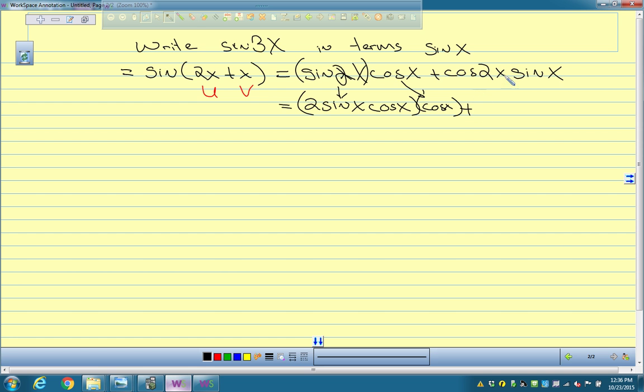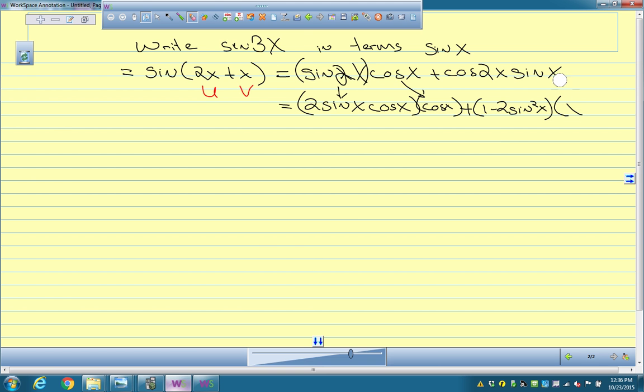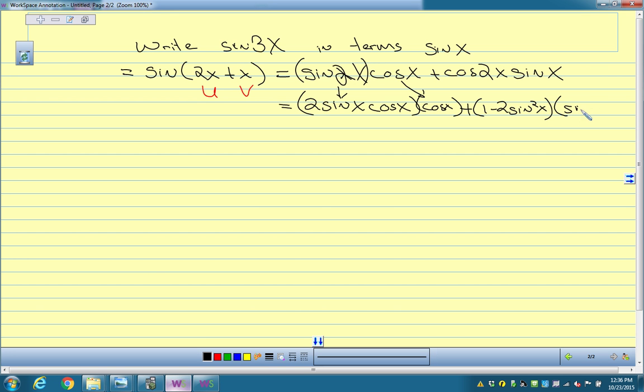And then how could I write cosine of 2x in terms of just sines? 1 minus 2 sine squared x, times sine x. And then we simplify this.